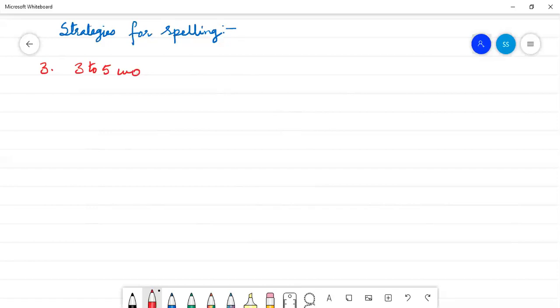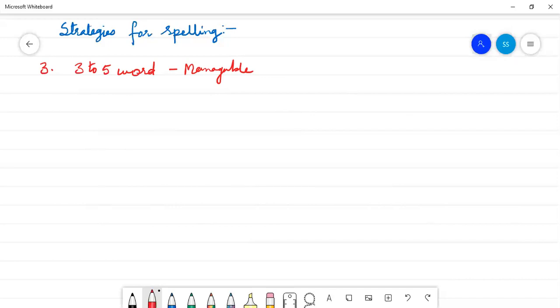So you can break those kind of words. Three to five words are manageable. You can break down into different lists, and then take a break after mastering each section.